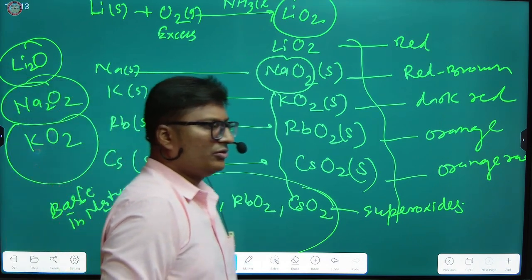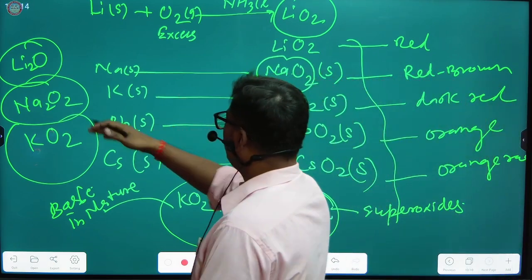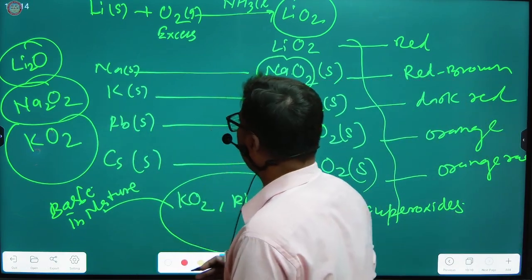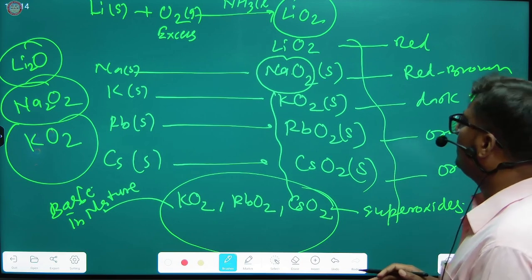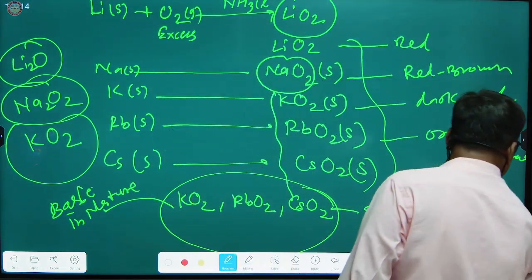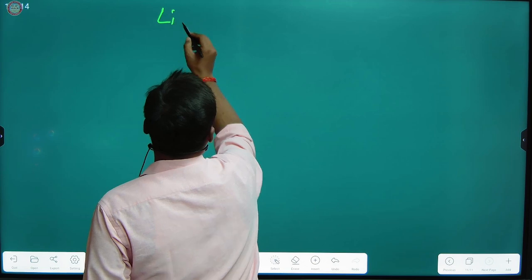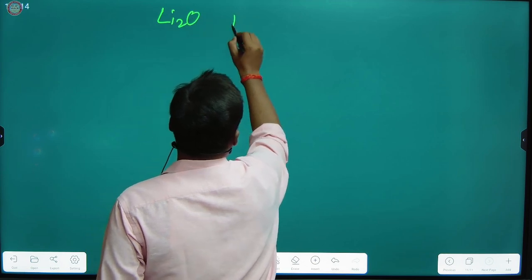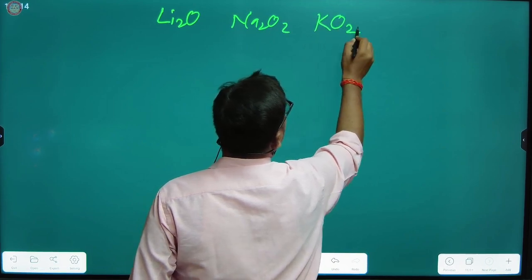So they are stable compounds in alkali metal chemistry, right? So what do you expect for lattice enthalpy in case of these oxides, Li2O, Na2O2, and KO2?